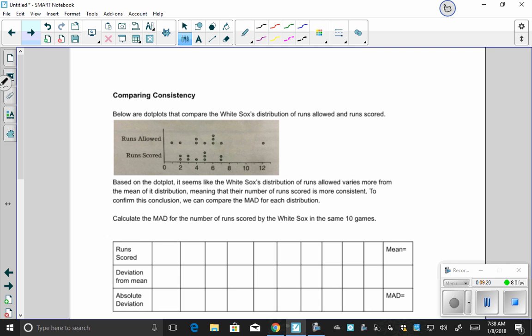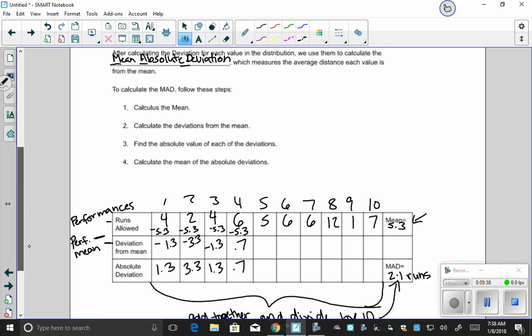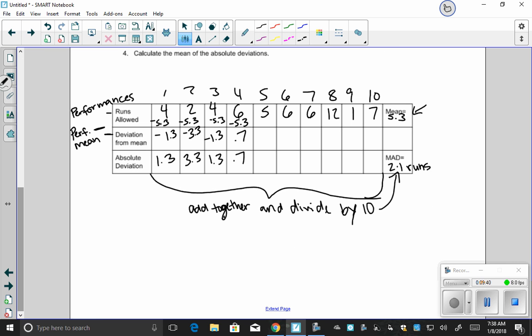The reason why we calculate the mean absolute deviation is because instead of just simply calculating the mean, consider step 2. When we added the deviations together, our sum would have been 0. So had we added this row right here together, the sum would have been 0.